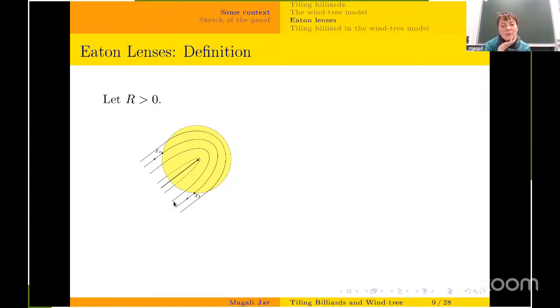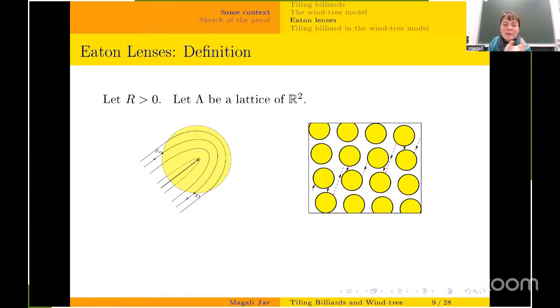Okay. And now we take again a periodic array of these spheres, and we shoot a laser ray in this array, and we want to know what is the trajectory.